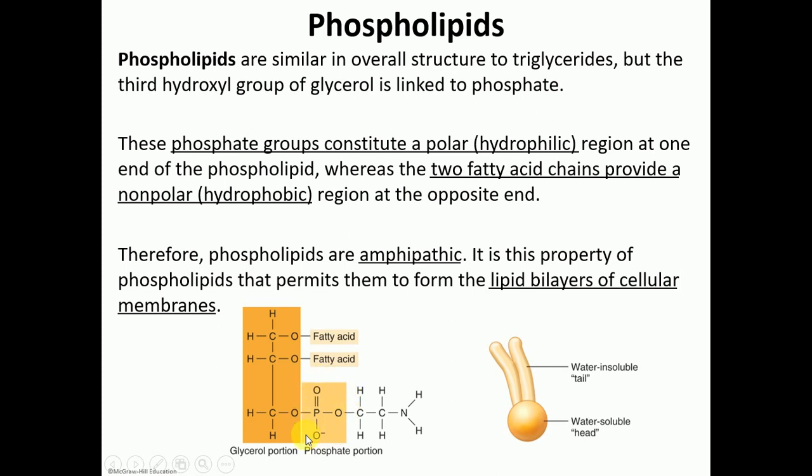Now we have a hydrophilic, water-soluble head, and these 2 hydrophobic tails that represent these 2 fatty acid chains. Okay, so the phospholipid is an amphipathic molecule because one side of it is hydrophobic and the other side is hydrophilic. And these are extremely important in the formation of the lipid bilayer of all of our cell membranes. Okay, so these phospholipids are extremely important within the structure of the body.